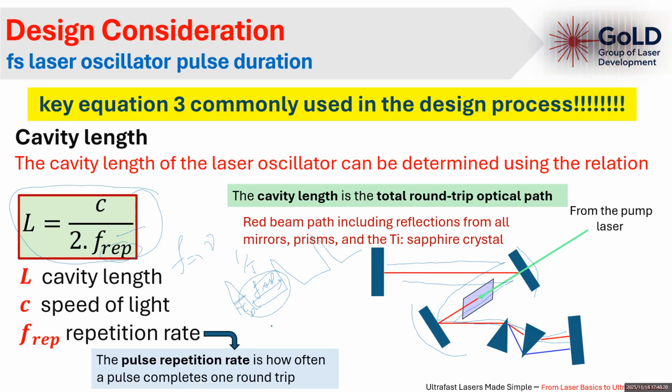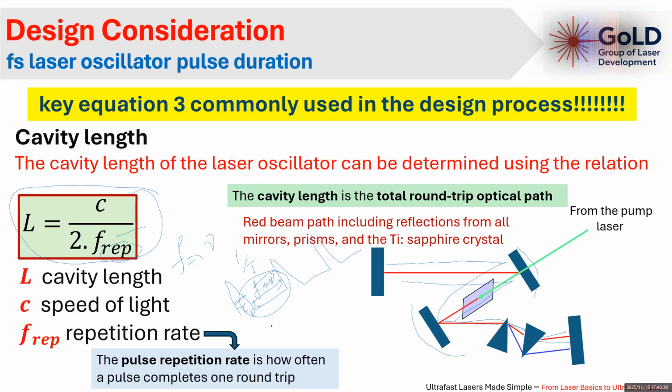If you say it in terms of time, the time difference between two pulses appearing, you can calculate its frequency, and that is the repetition rate.